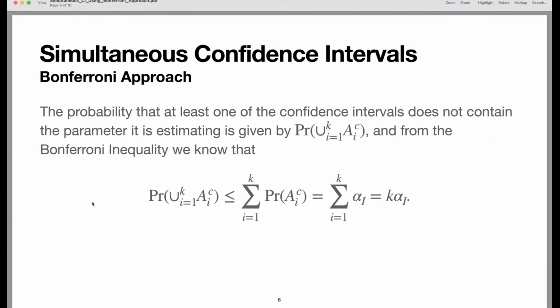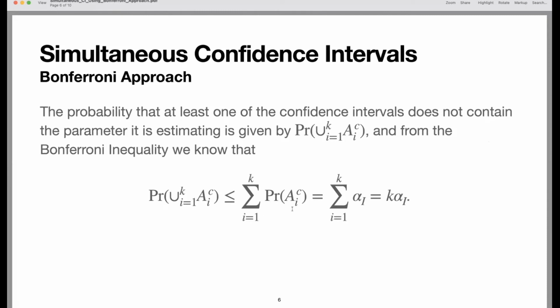The probability that at least one of the confidence intervals does not contain the parameter it's estimating is given by the probability of the union of the A sub I complements. From the Bonferroni inequality, we know that that probability is less than or equal to the sum of these individual probabilities.